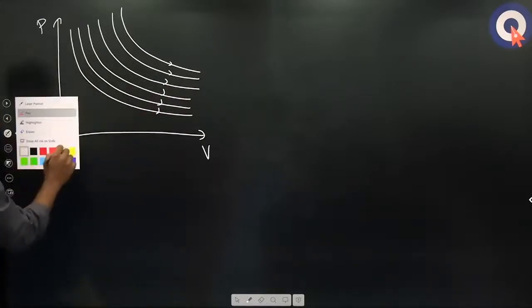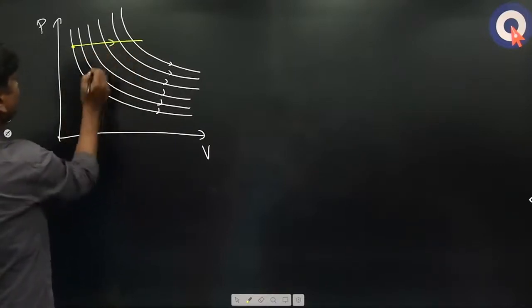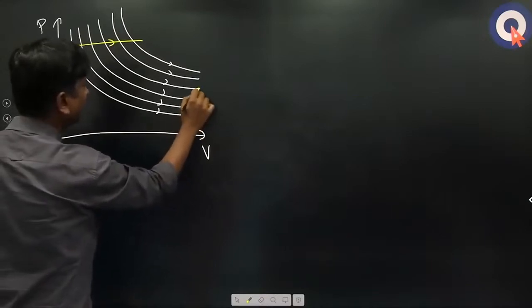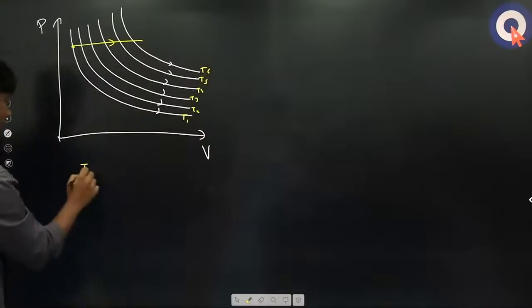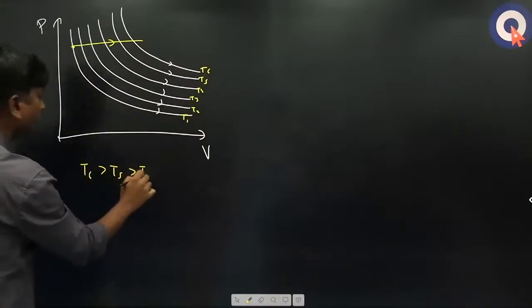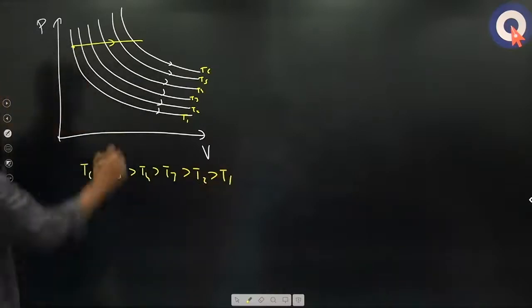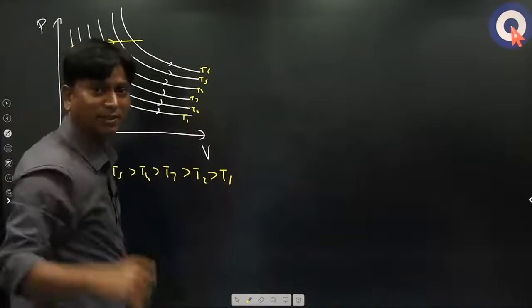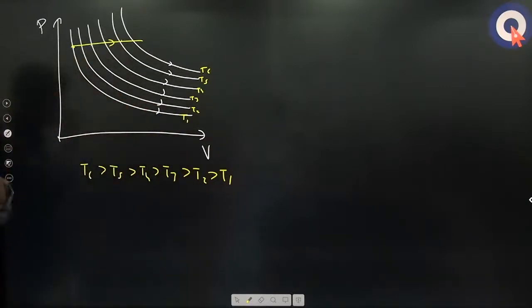Now, for isotherms T1, T2, T3, T4, T5, T6, as you go like this, temperature is increasing. T6 greater than T5 greater than T4 greater than T3 greater than T2 greater than T1, right? Whenever you go like this, you are touching a higher isotherm, so automatically temperature is increasing. So if you go along the curve only, temperature is constant.